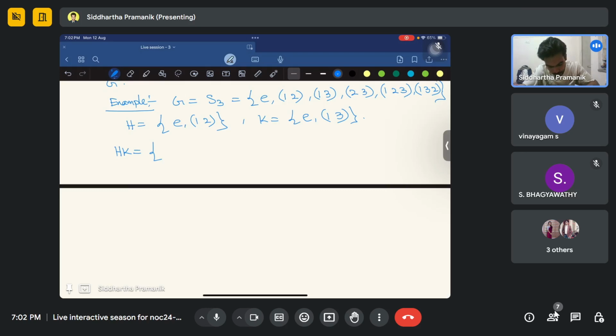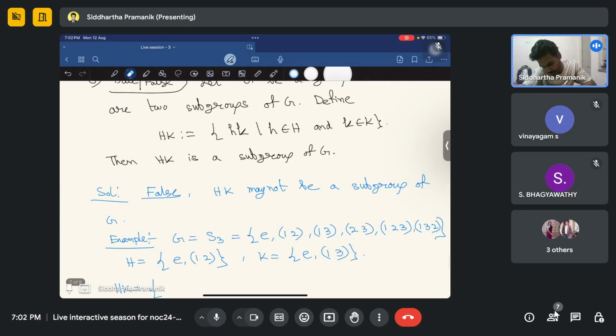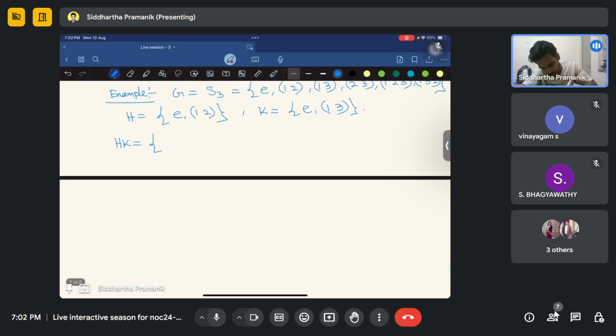So you need to multiply the elements, right? So let's see the definition. It is of the form h times k, where h is in H and k is in K. So let's try to multiply one by one.